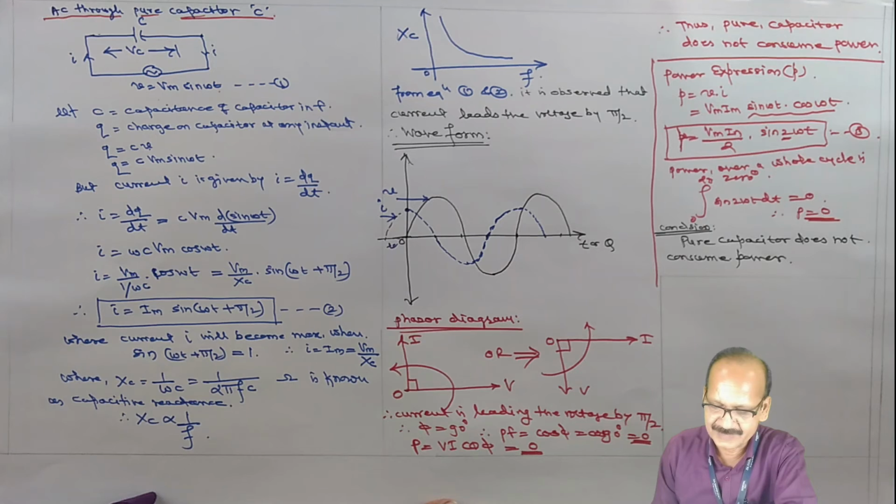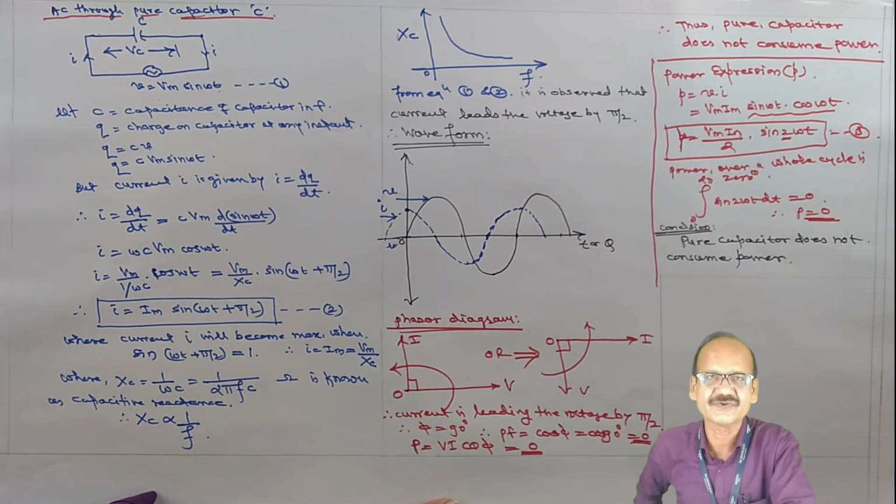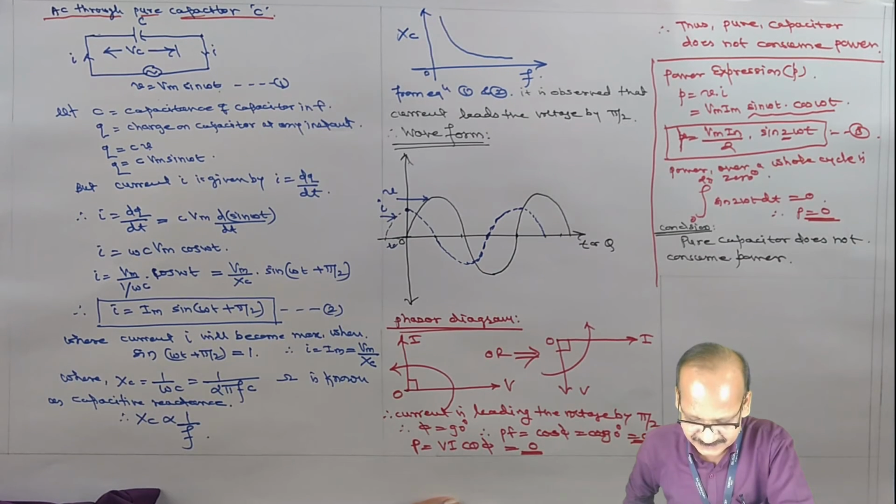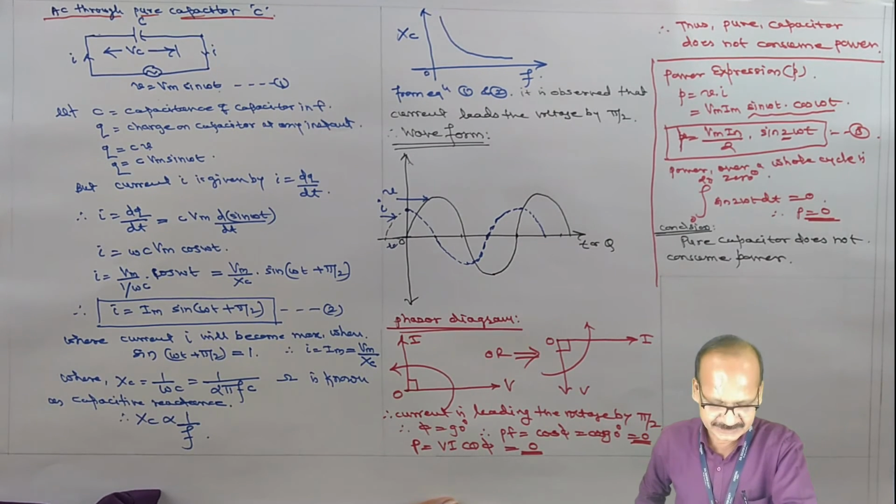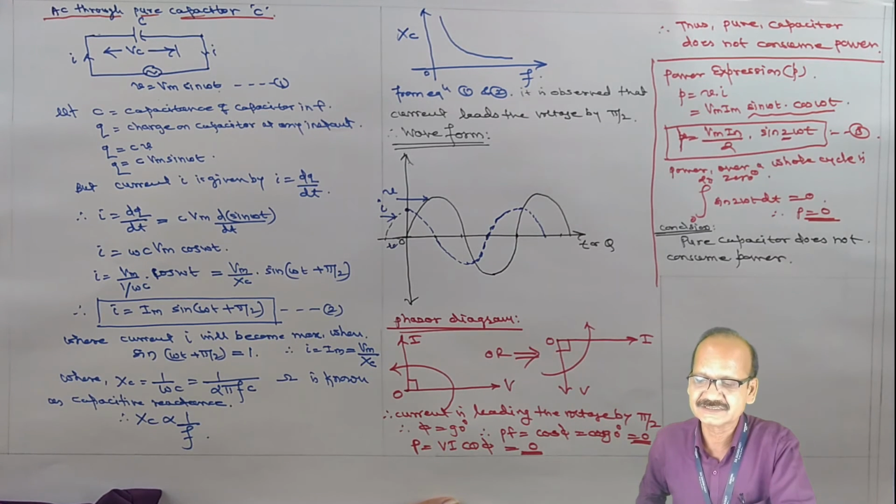Now the maximum current Im equal to Vm upon Xc, where Xc is equal to 1 upon omega C equal to 1 upon 2 pi fC, known as capacitive reactance, and its unit is ohm. Thus Xc is inversely proportional to the frequency. Therefore its graph is as shown in the figure. As the frequency increases, the capacitive reactance decreases, and it becomes 0 when the frequency becomes infinite.